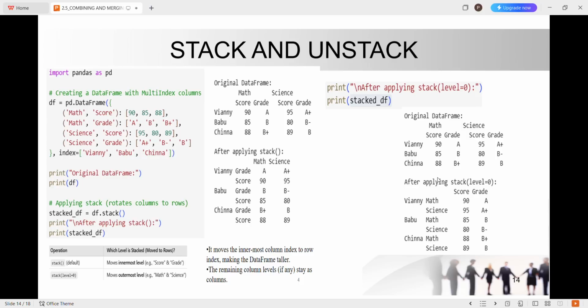So when I apply stack with level equal to 0, for Vinay the math subject comes and after that the science subject. Similarly for Babu, math and science, and similarly for the other person. So this is the function of stack and unstack.